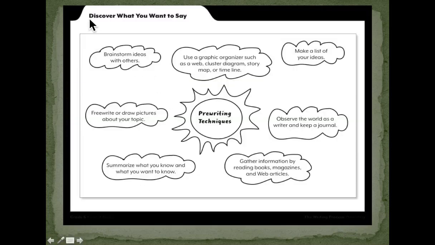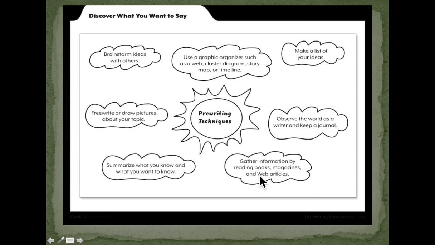So this is that next slide. It says discover what you want to say, and these are pre-writing techniques. So if you're having a hard time coming up with ideas, you can make a list of your ideas. You can observe the world as a writer and keep a journal. We'll be doing some more of these sorts of activities when we come back to class. You can gather information by reading books, magazines, and web articles.